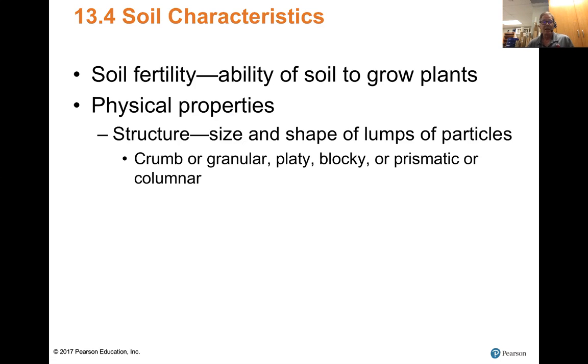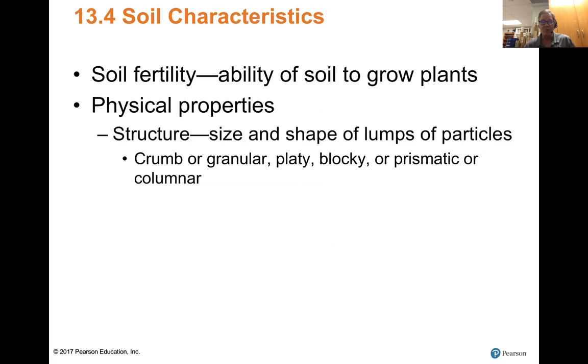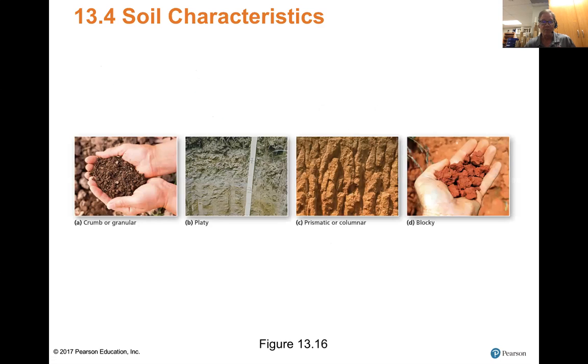So again, using this is one way to determine whether the soil fertility is good for plant productivity. So here are some examples of soil structure: granular, blocky, what we call prismatic or columnar, and then platy, if you will, where it's kind of layers. It's usually tight. That's usually clay.